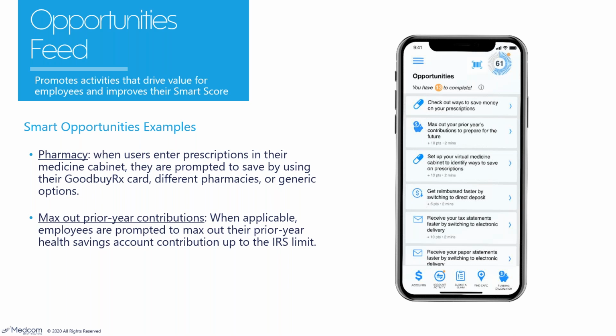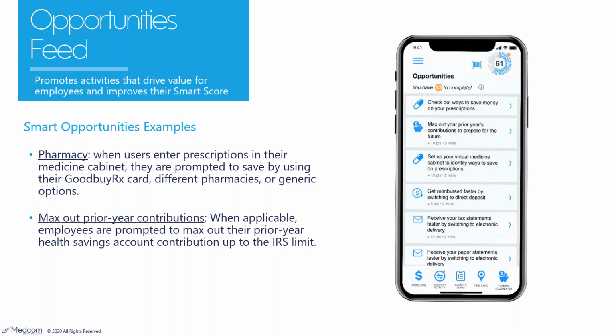And the opportunities feed provides them with suggestions on things that they can do, including utilizing the virtual medicine cabinet. This is where they can add their prescriptions, which allows Goodbye RX to provide pricing information for particular prescriptions at different pharmacies in a geographic area, or pricing for generic options that may be available.